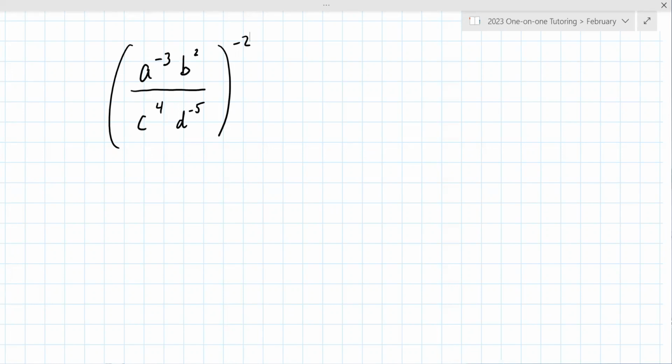So I got a^6 times b to the negative 4 over c to the negative 8 and d^10. But you can't leave it like that. Yeah, go ahead and keep working it. Let me know what your final answer is.